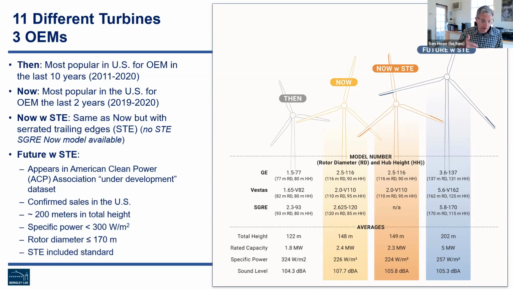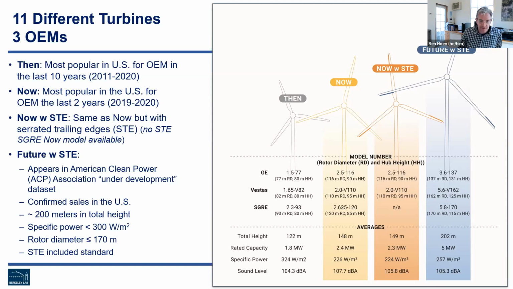So the most frequently installed turbines in the US of those three, from 2011 through 2020, were the GE 1.5 77 with 77 meter rotors, the Vestas 1.65 V82 with 82 meter rotors, and the SGRE, or Siemens Gamesa Renewable Energy, 2.3 93 with 93 meter rotors.